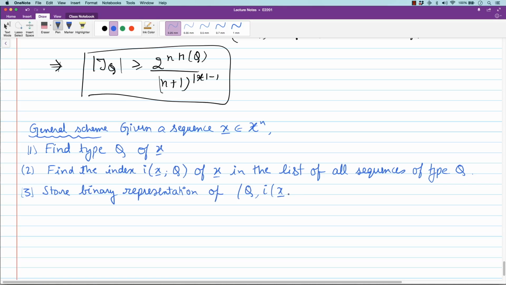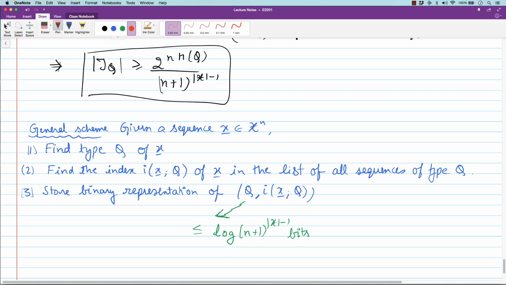Okay, that's the general scheme that extends the previous scheme. We were counting the number of bits. How many bits do you need for representing this type q? Well, you need less than or equal to log of (n+1) to the power |X| minus 1 bits to represent this because of the type counting lemma.